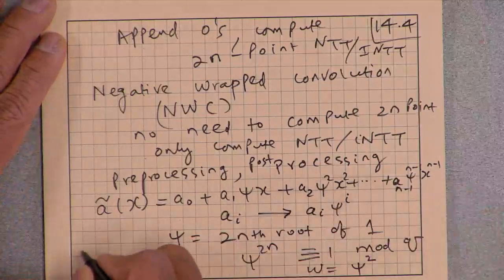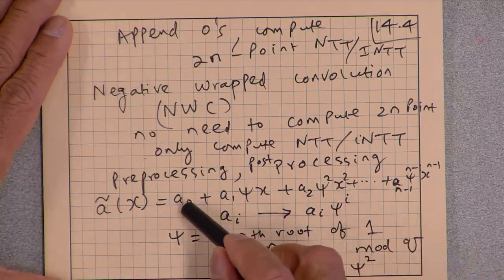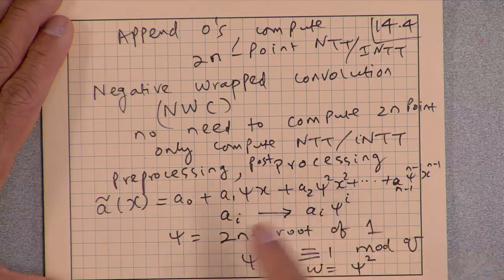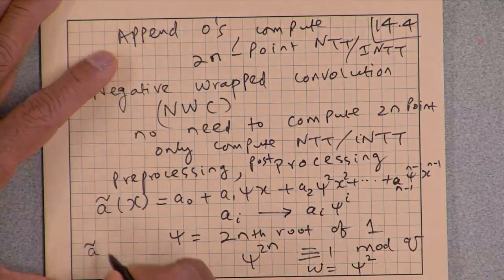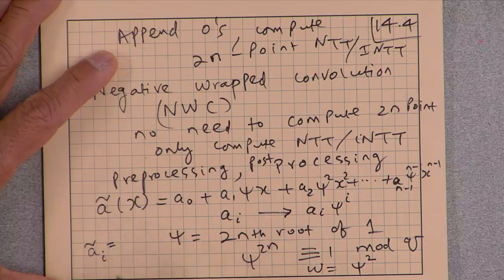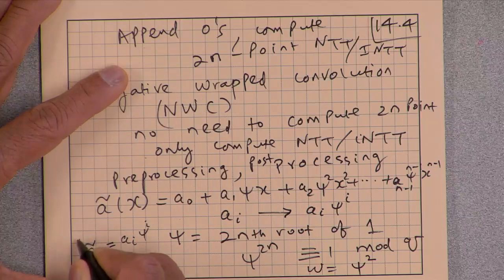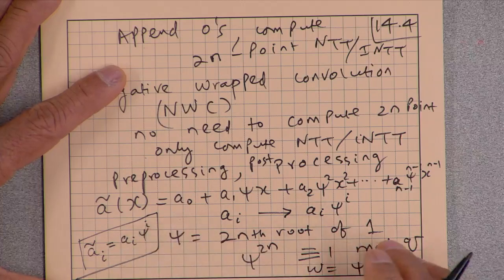So instead of taking the NTT of A, we will take the NTT of polynomial coefficients A tilde. So think of A tilde i is equal to A i times psi to the power i. And then B tilde i will be the same, B i psi to the power i.